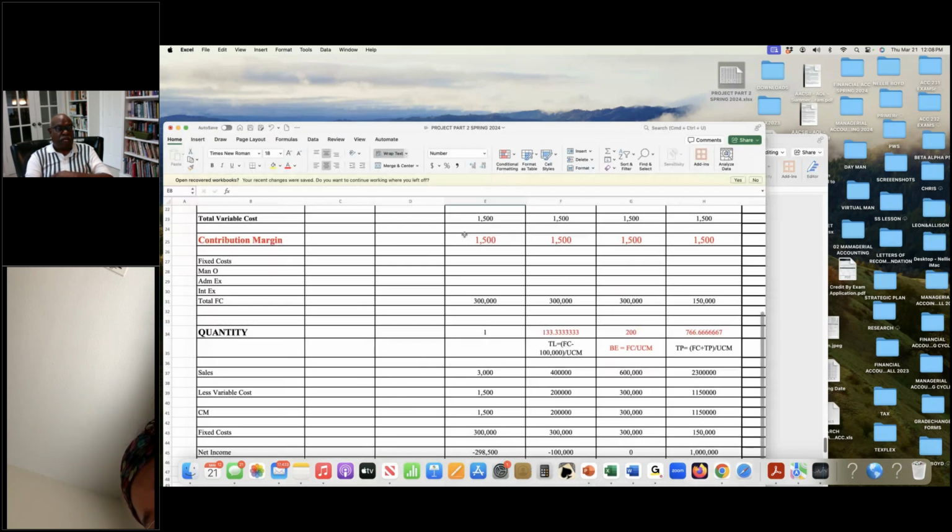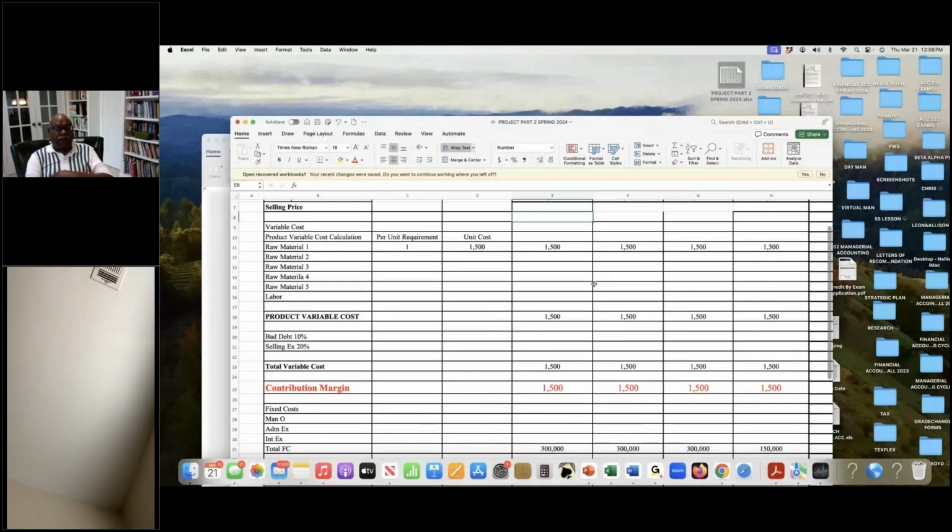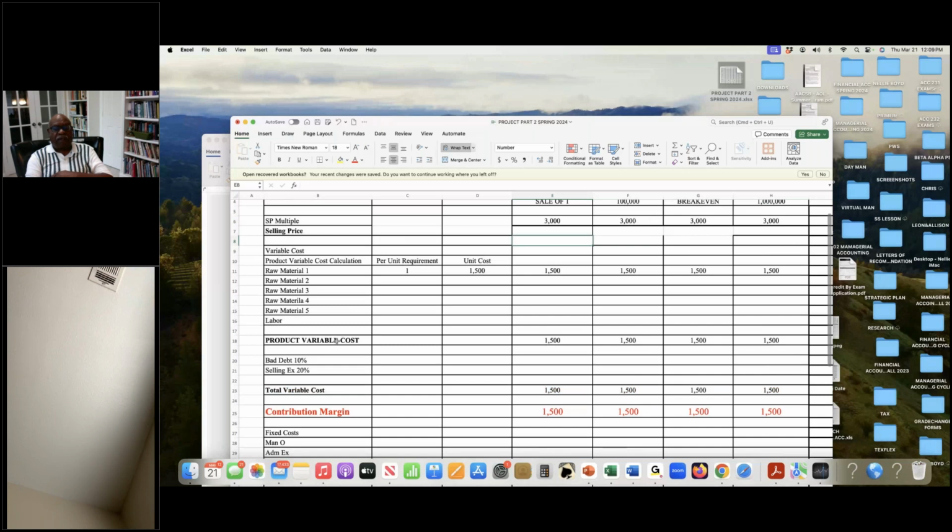And so this is where this comes in, the product variable cost. So when you get ready to utilize your selling price multiple, it's always times this product variable cost, not the total variable cost, and of course, fixed expenses are not involved.